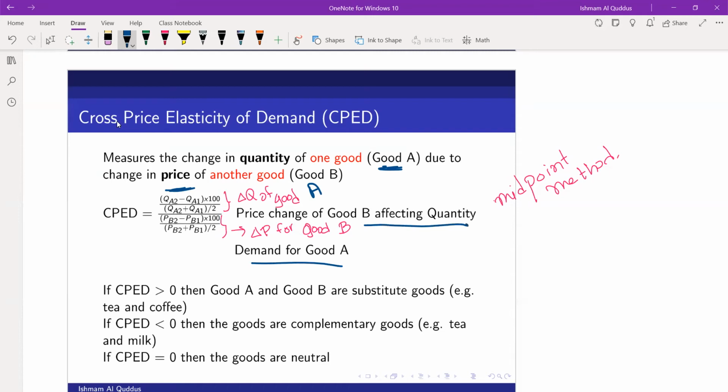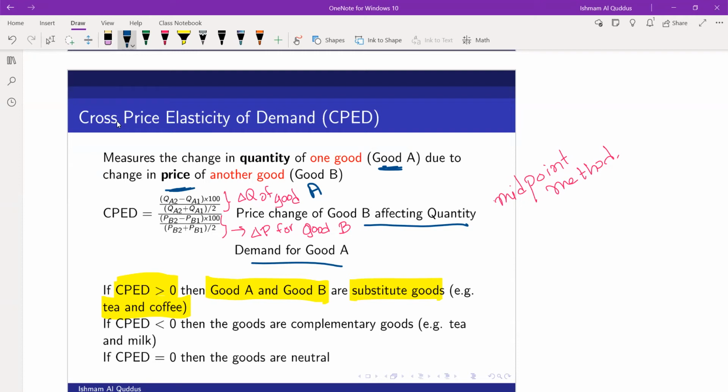So for different values, it signifies different things. For example, if cross price elasticity of demand is greater than 0, then good A and good B are substitute goods. Example, tea and coffee. So what's happening here? Imagine you love coffee. If you love coffee, you spend money on it, right?